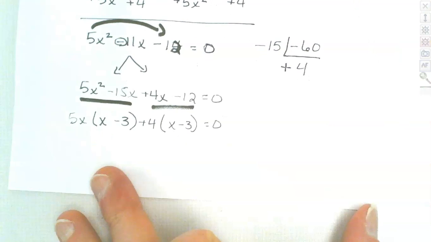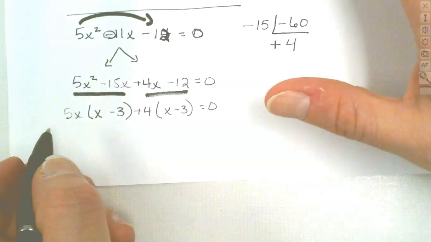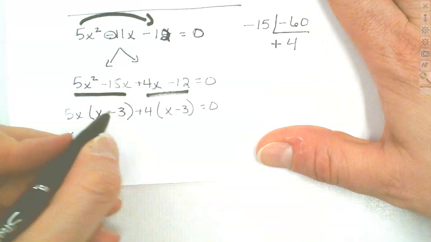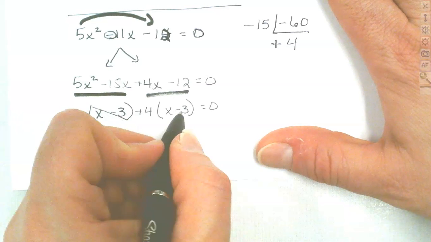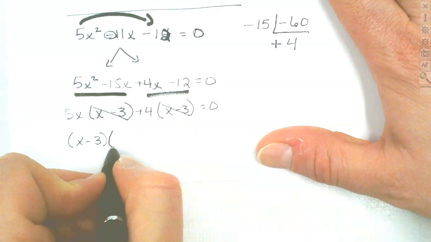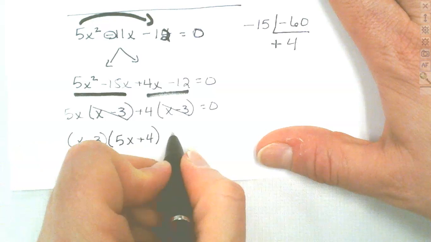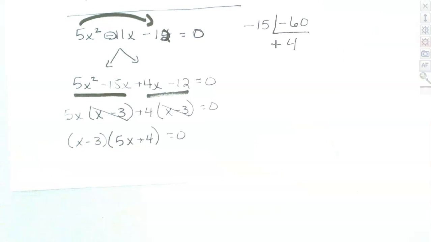And I'll put these in the correct order this time. So now we've got an x minus 3 out in front. So gone and gone. What's left over? 5x plus 4. That equals 0.